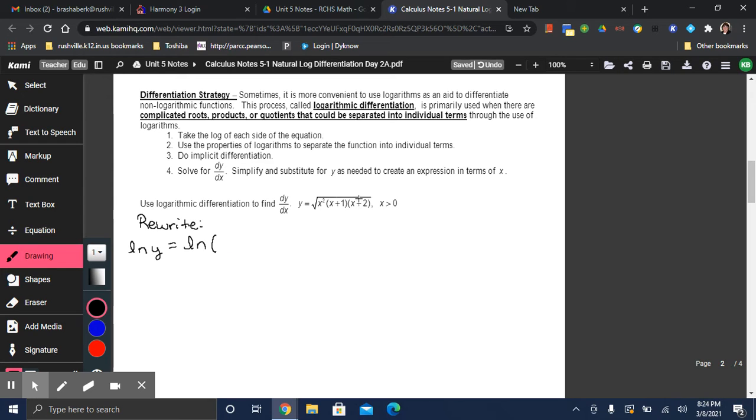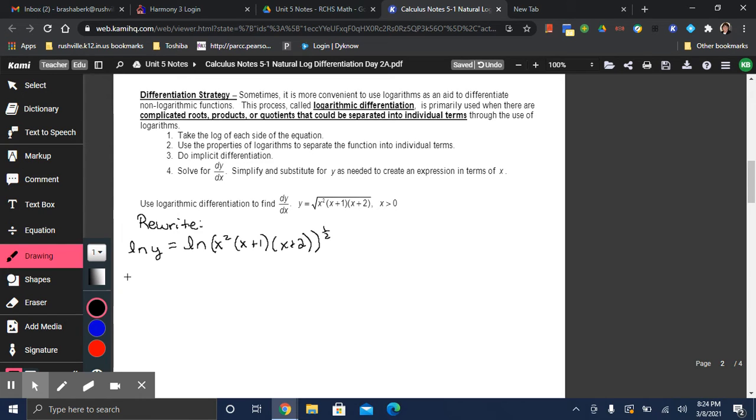Rather than having the square root, I'm going to write all of that to the 1/2 power. So x squared times x plus 1 times x plus 2, and then all of that to the 1/2 power. So that would be the first step of the rewrite process.